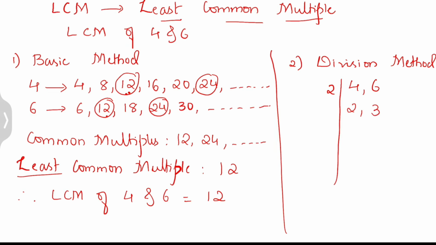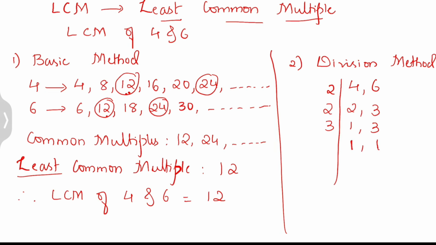So 2 is divisible by 2 itself. So 2 1s are 2. And 3 is divisible by 3 itself. So 3 will be as it is. Now 3 1s are 3. So we have to go on dividing until we are left with 1 and 1.